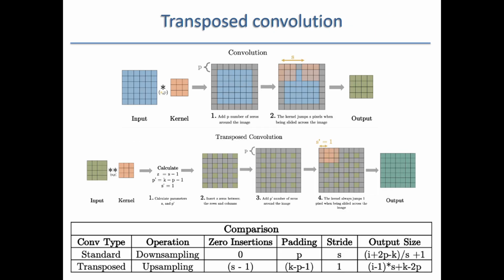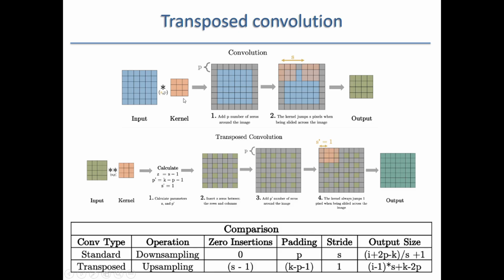Here we have the opposite of convolution. Convolution, especially with the stride, can be seen as a downsampling operator. So we have an input, and then we will have 2 parameters. One is the stride, and the other one is the padding. The padding is adding some values around, typically 0 values, and these 0 values will be used when you compute the convolution.